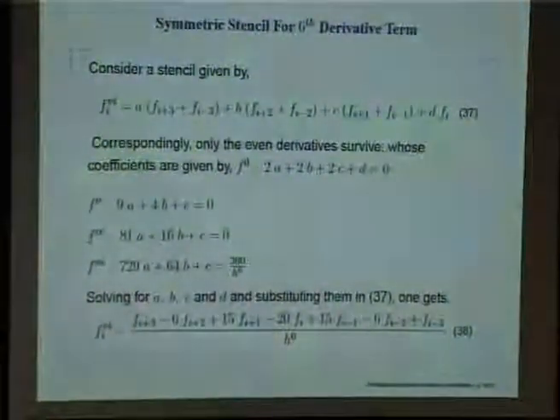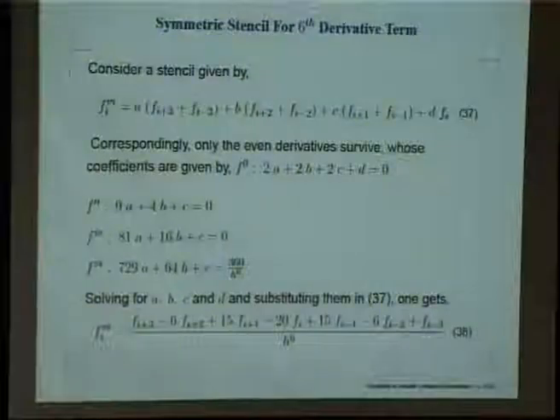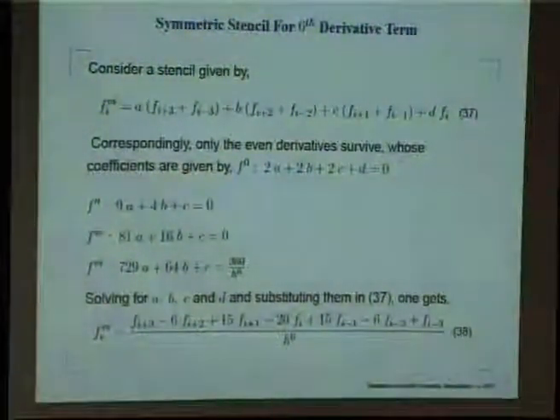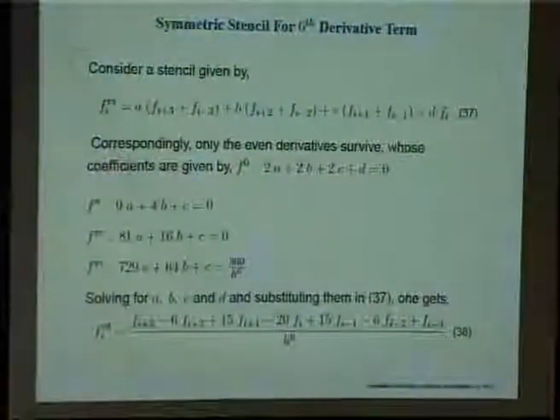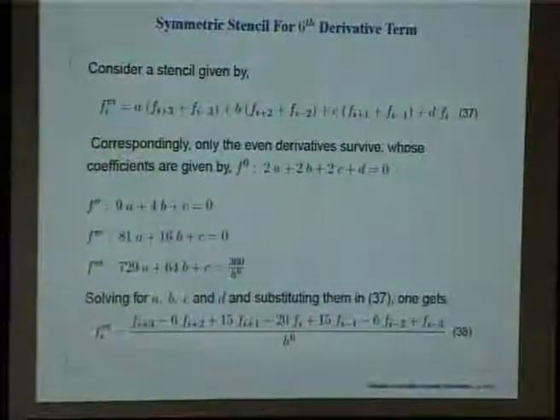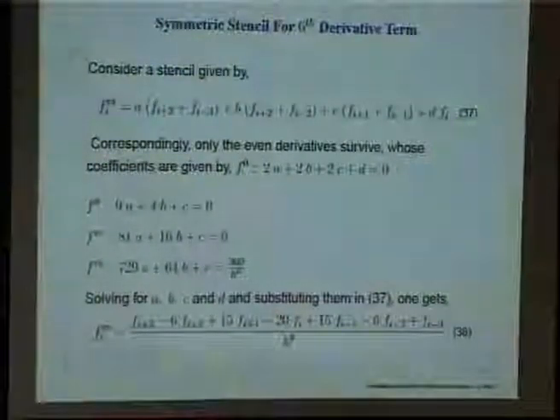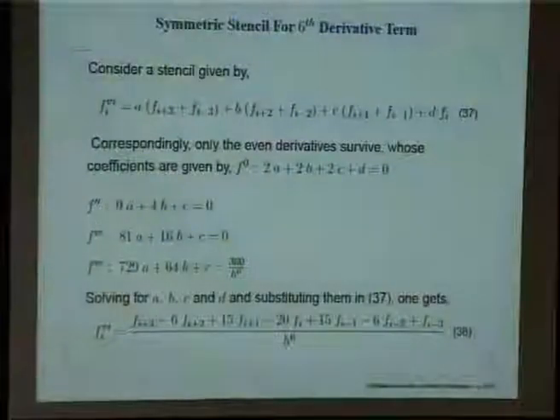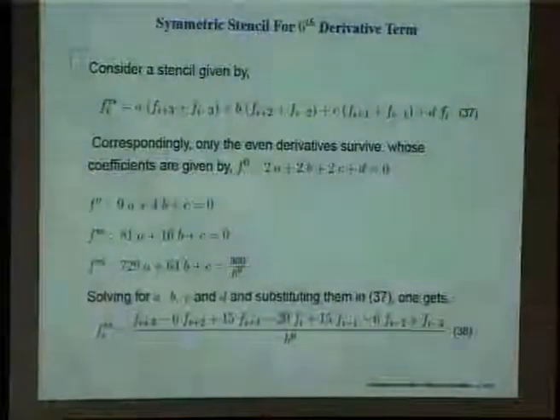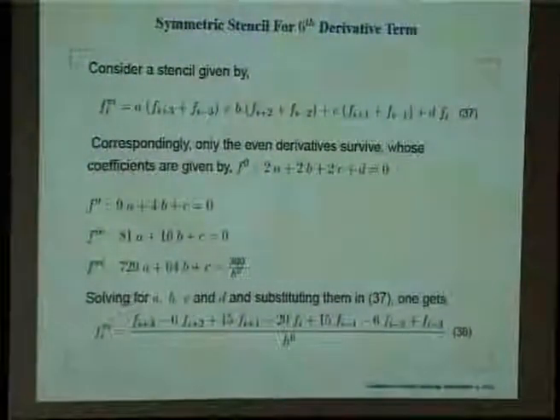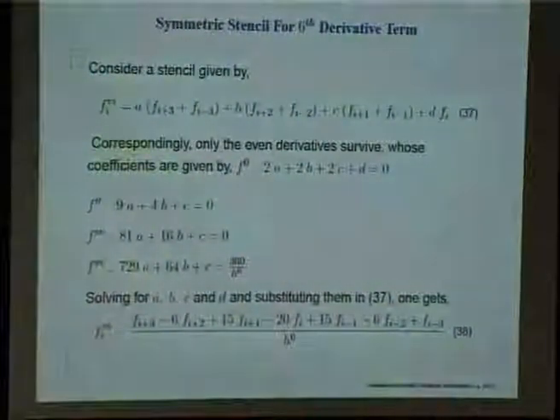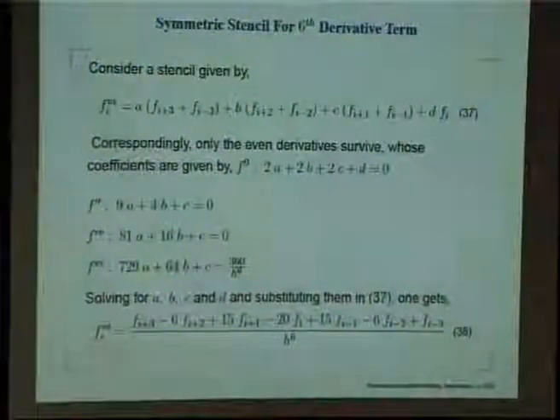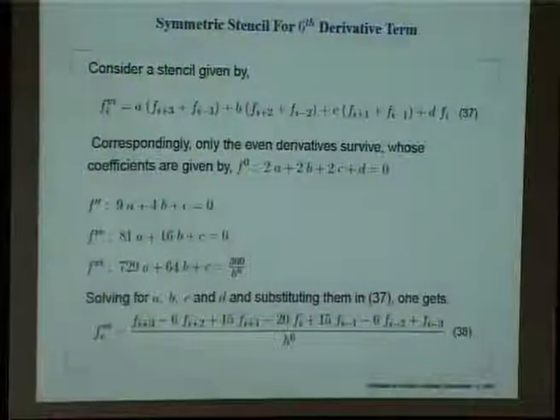Now, 6th derivative means it is an even derivative. So, if I want to write a symmetric stencil, what should I do? I would again club them, and not only should the points be there, they should also be in equal proportion. So, if I have f I plus 3 and f I minus 3, look at their coefficients. Coefficients are the same. So, I cannot write 2 f I plus 3 plus 3 f I minus 3, that will not be symmetric, right.